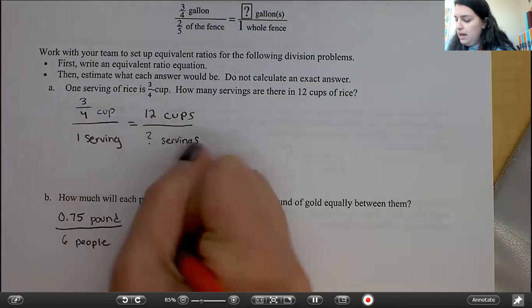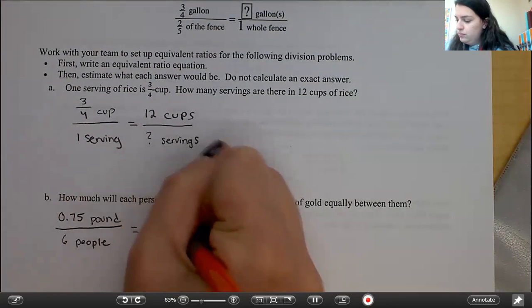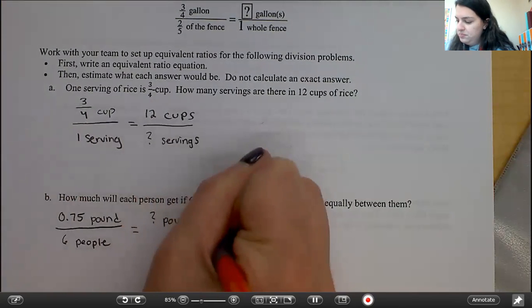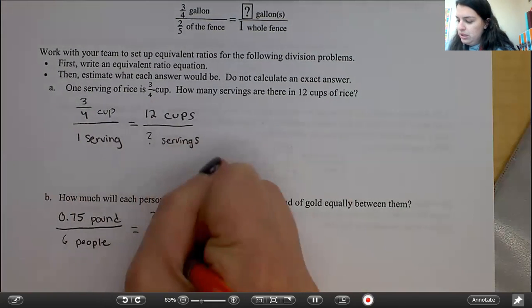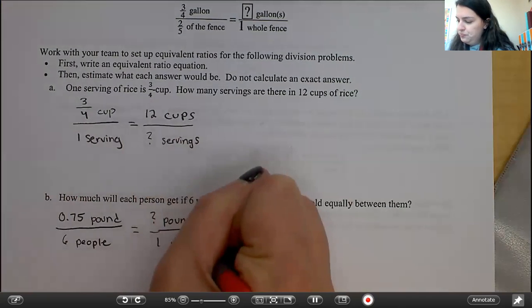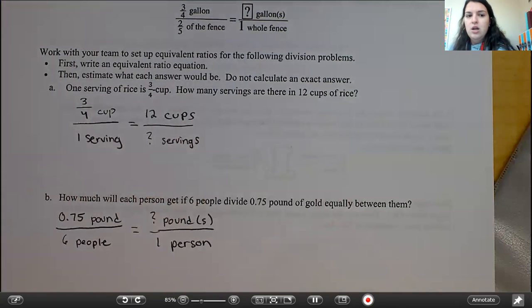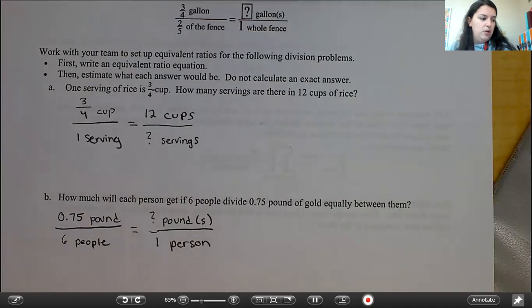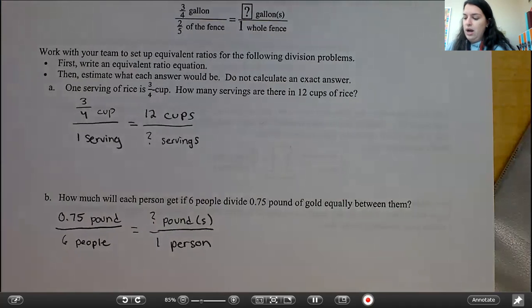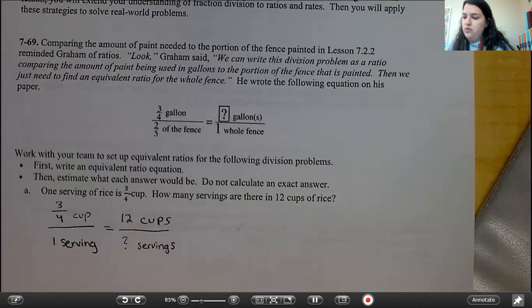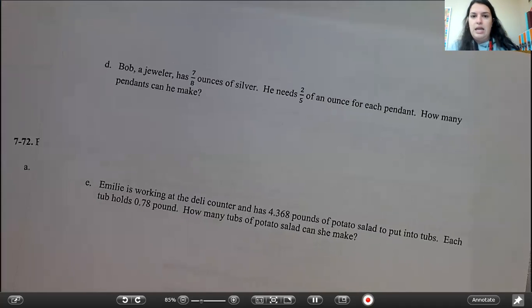We want to know how many pounds one person gets. Okay? So I've done the first two with you, and notice how we're not solving, we're just setting them up. So what you need to do is try setting up your equivalent ratios for C, D, and E. Go ahead and pause the video and try that now.